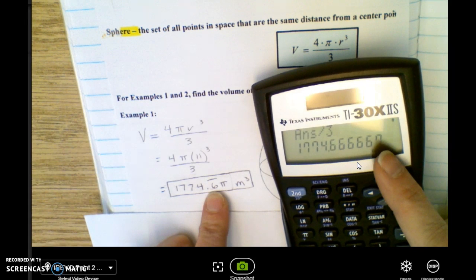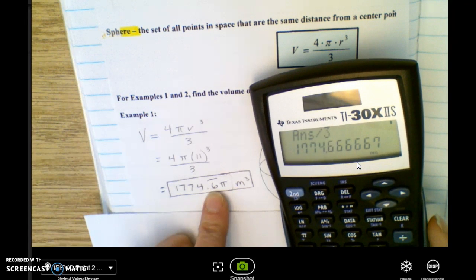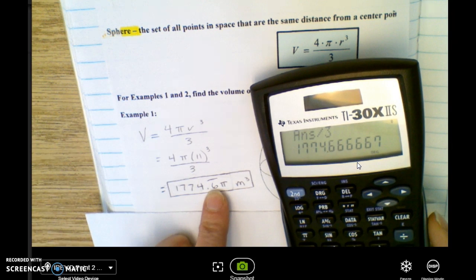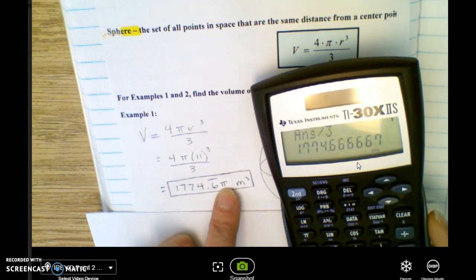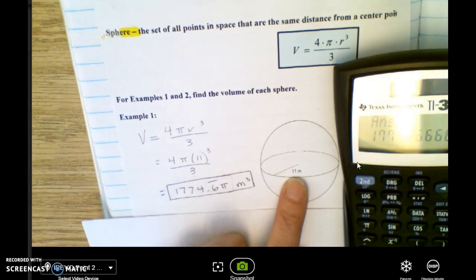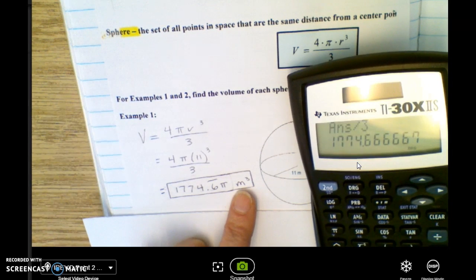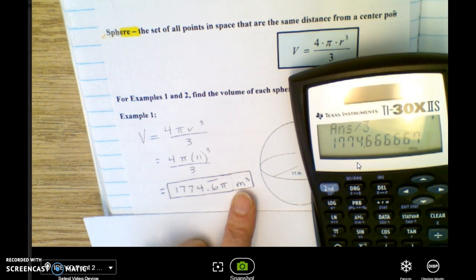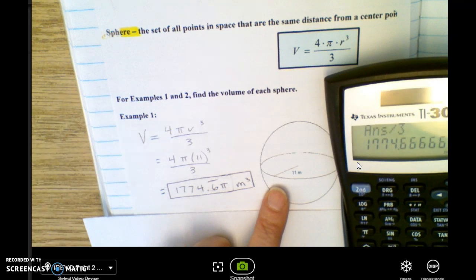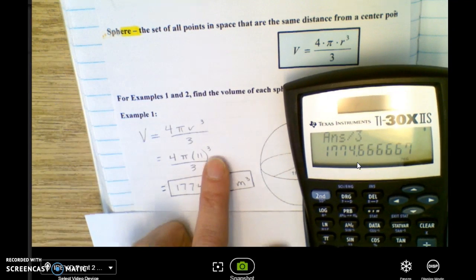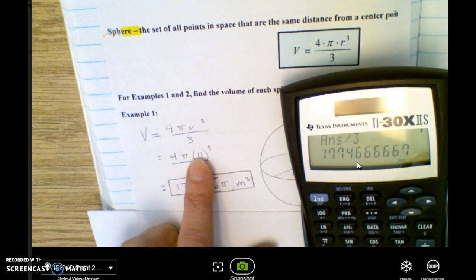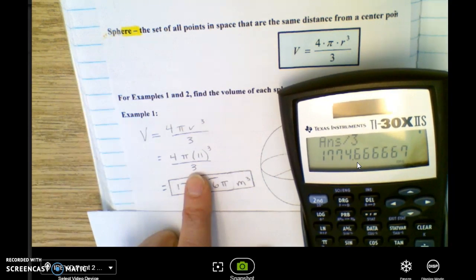The calculator rounds up at the end when it runs out of room, but really we have a decimal that repeats forever. We didn't press the pi button in our calculation, so we have our answer in terms of pi. And originally we were dealing with meters, so because it's volume, our units are meters cubed. So this is what you do to find volume of a sphere. Again, be very careful with your calculations. Do the work on top of the fraction, get an answer, and then make sure you divide by 3.